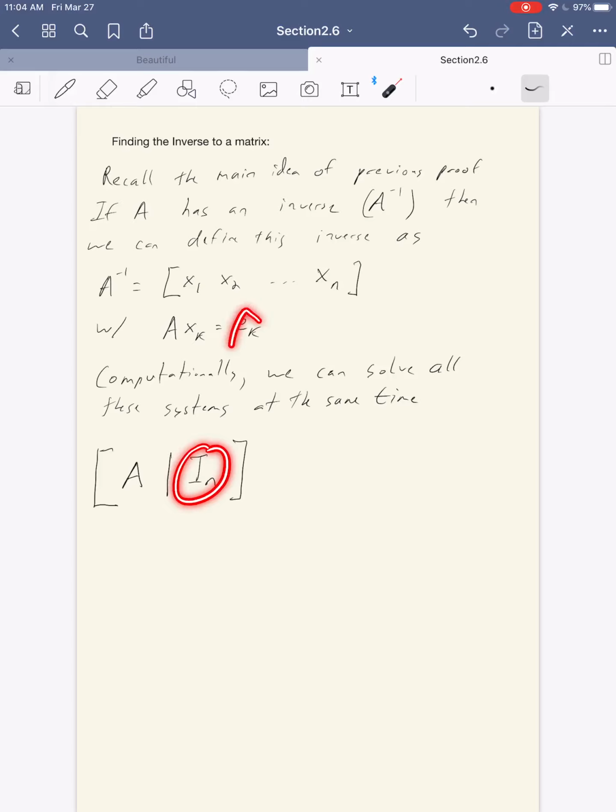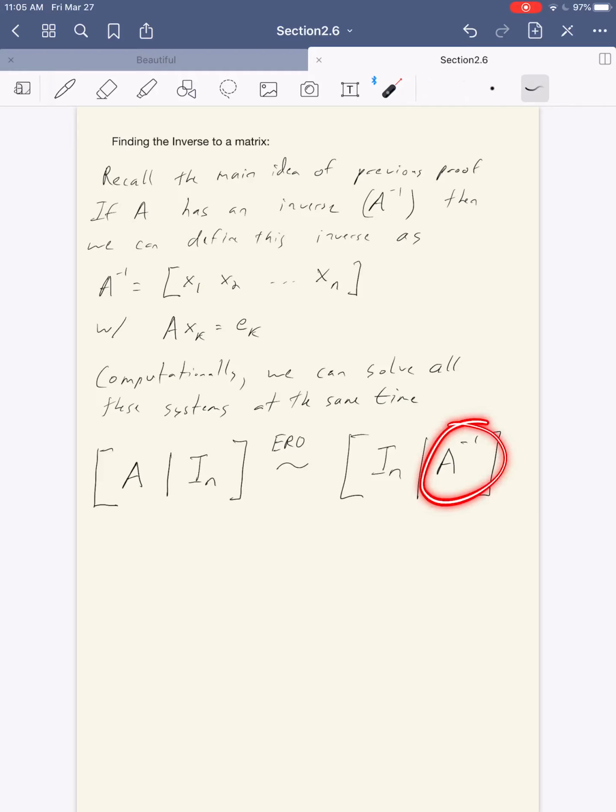So each of these columns, of course, corresponds to one of the elementary column vectors. Then you will use elementary row operations to change this side into the identity matrix. So you'll do elementary row operations until it looks like the identity. What happens on the other side will become your inverse matrix.